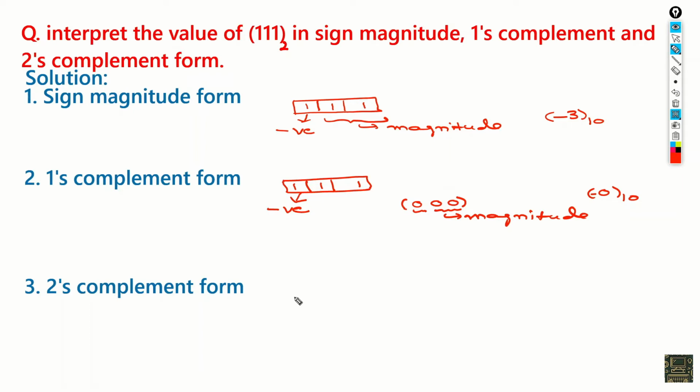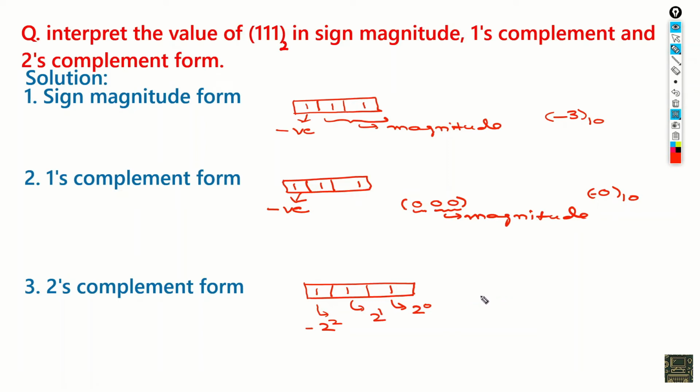Let us suppose that this value has been represented using 2's complement form. In 2's complement form, the weight of this bit is 2 raised to the power 0, the weight of this bit is 2 raised to the power 1, and the weight of this bit is 2 raised to the power 2. MSB always has the negative weight. So what is the value of this number?